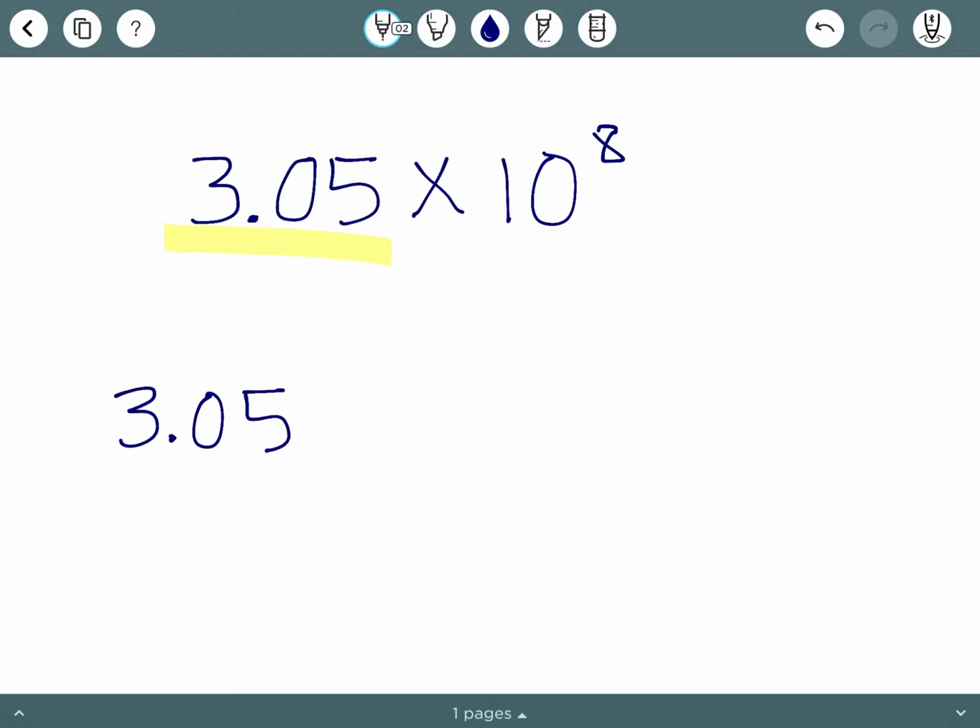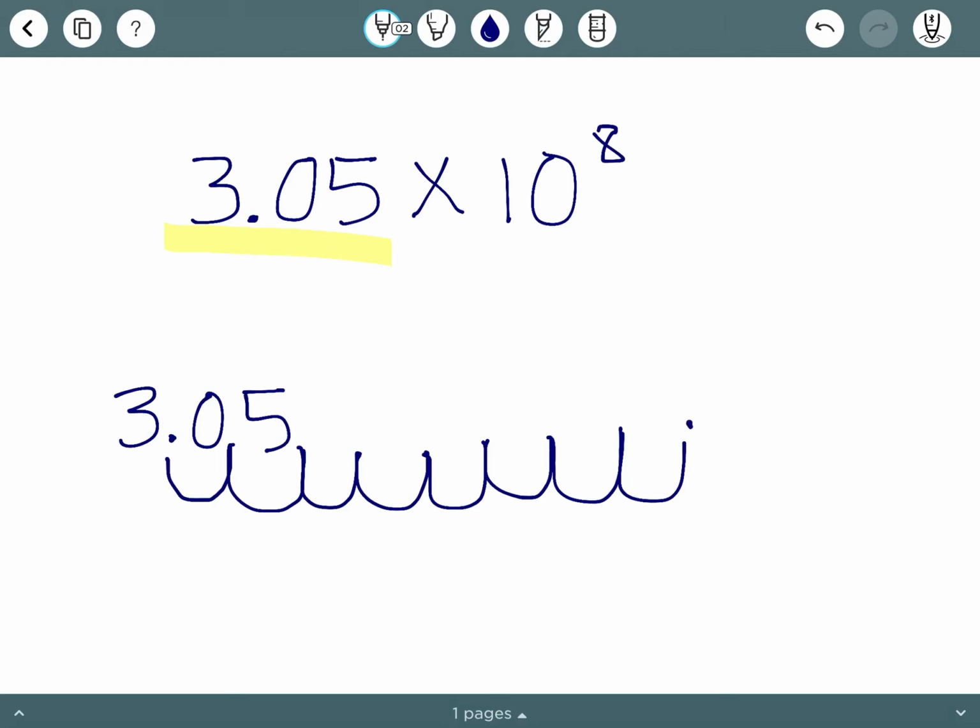And we want to move that decimal 8 places. We're going to move it 8 places to the right. So it's kind of opposite when we're taking it out of scientific notation. So again, a positive exponent means we're going to have a really big number. A negative exponent means it's going to be a small number that's less than 1. So let's take it and move it 8 places. 1, 2, 3, 4, 5, 6, 7, 8.